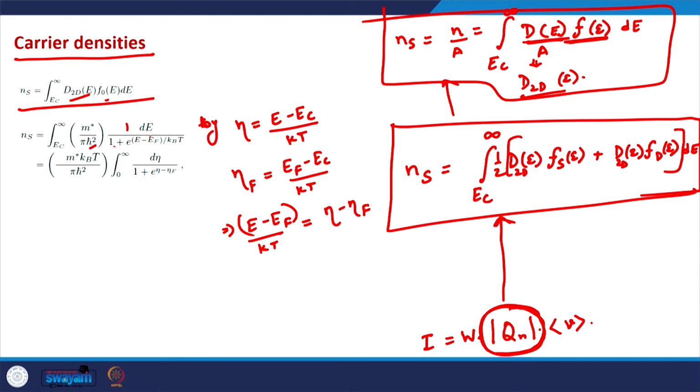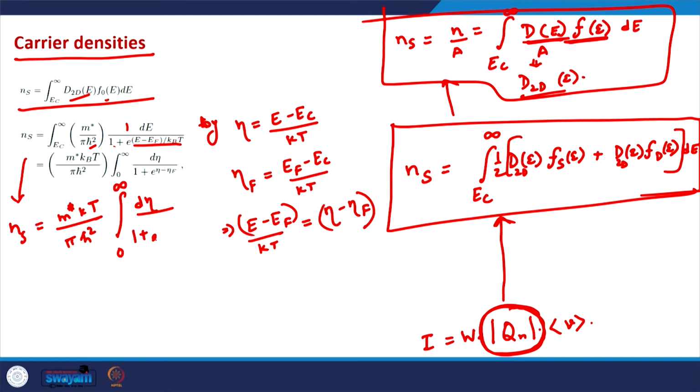So, this exponent can be replaced by eta minus eta f, and dE can be replaced by kT times d eta. Finally, this carrier density Ns turns out to be m star kT divided by pi h bar squared, with limits transformed from 0 to infinity, d eta by 1 plus exponential eta minus eta f.